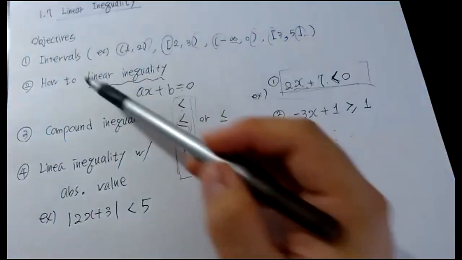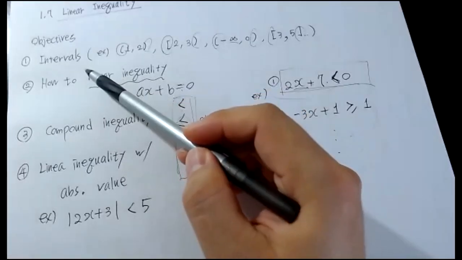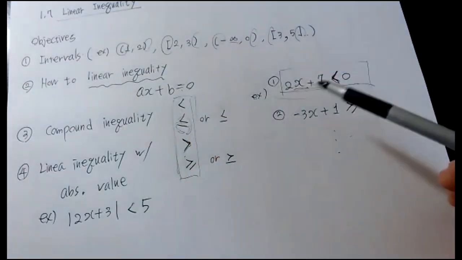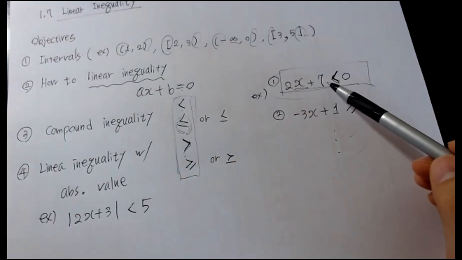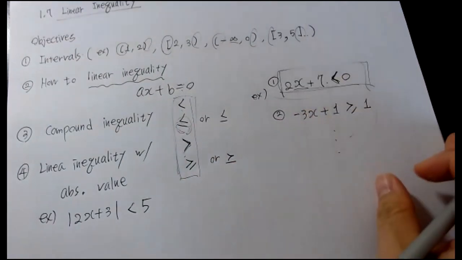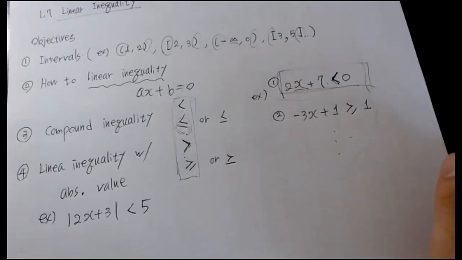I'll cover that, but to understand why we need it, we have to solve just one linear inequality problem. So let me solve this one. Remember that in a linear equation with one variable, to isolate x, we apply the properties of equality, right?